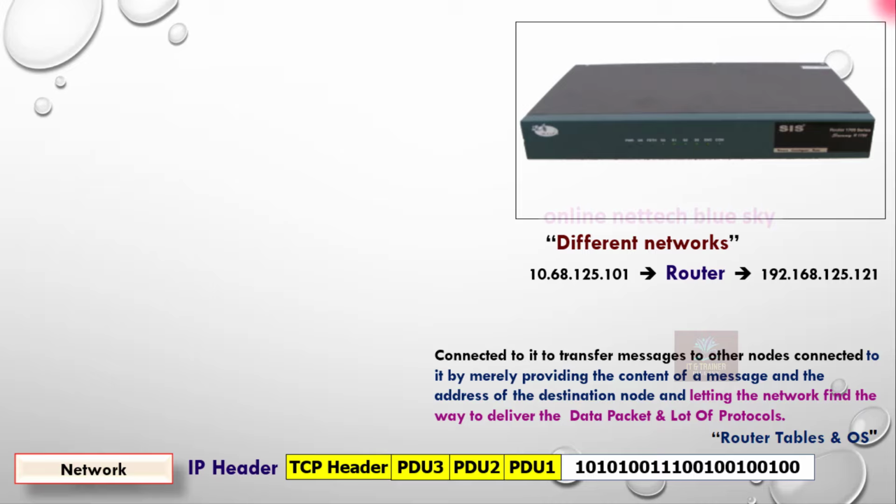The Google server replies, and the data comes back to your mobile or computer. So your destination is the Google server, because you want to open the Google web page.